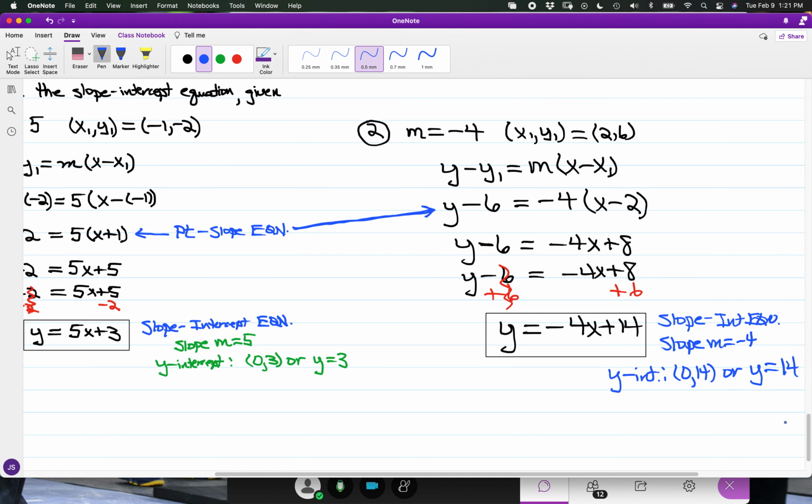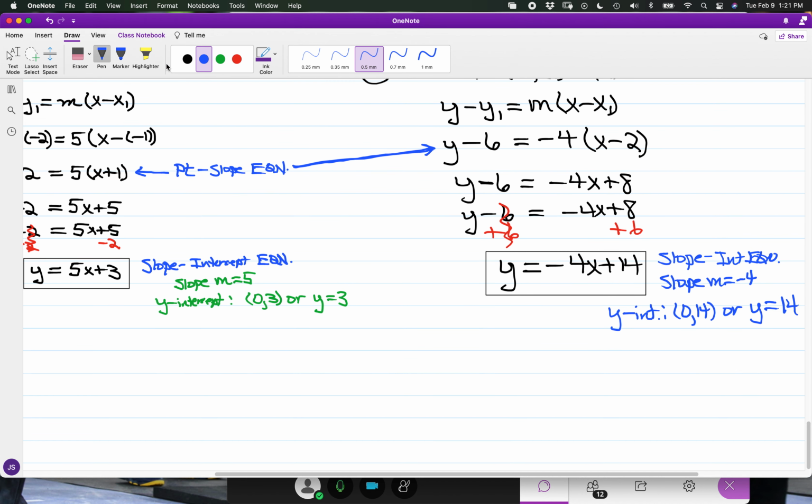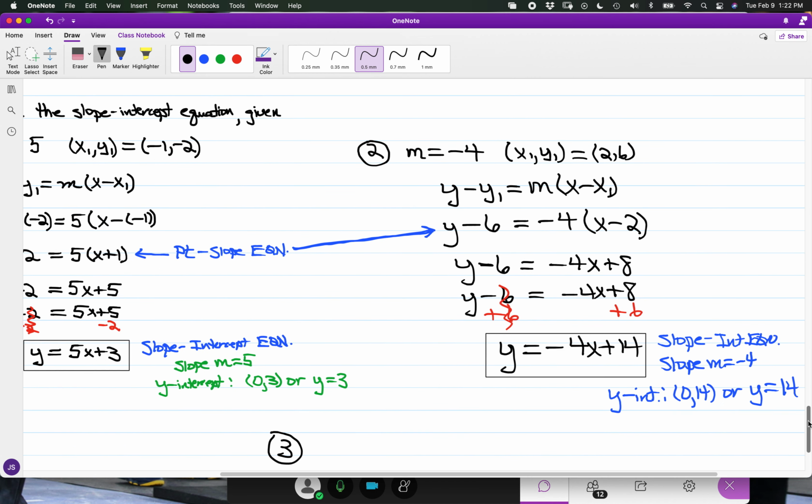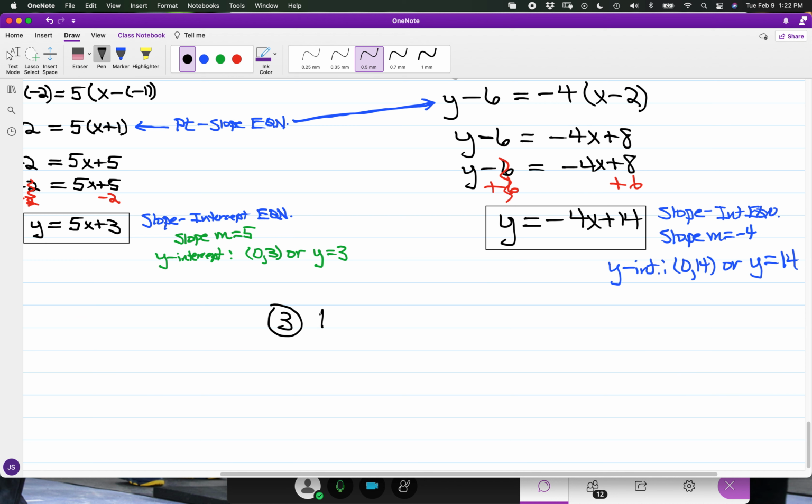Now, let's say that we do not have the slope provided, and we're still looking for the slope-intercept equation. Let's say that the line runs through 2 points.